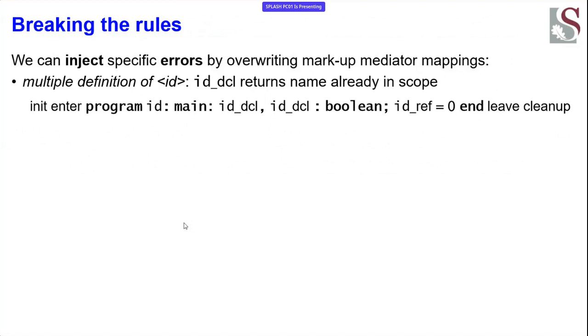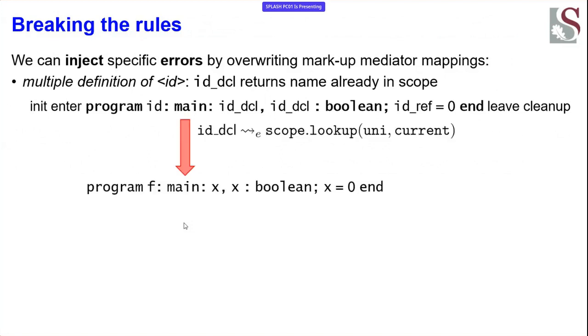So we basically have our skeleton here, and we want to generate one that has 2 repeated declarations, and we achieve this by overwriting the rendering of the decl to return a name that is declared in the current scope. Not visible. Right? We can use this also to check that the compiler deals with shadowing correctly by returning a name that is visible but not declared in the current scope.